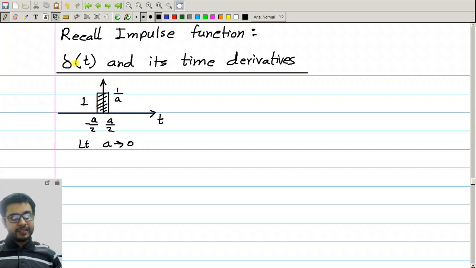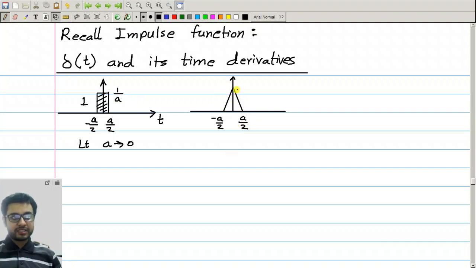Now a delta t or impulse function need not be a rectangular pulse like this. We can also think of a triangular pulse, which is like this. Say it starts from minus a by 2 and stops at plus a by 2.